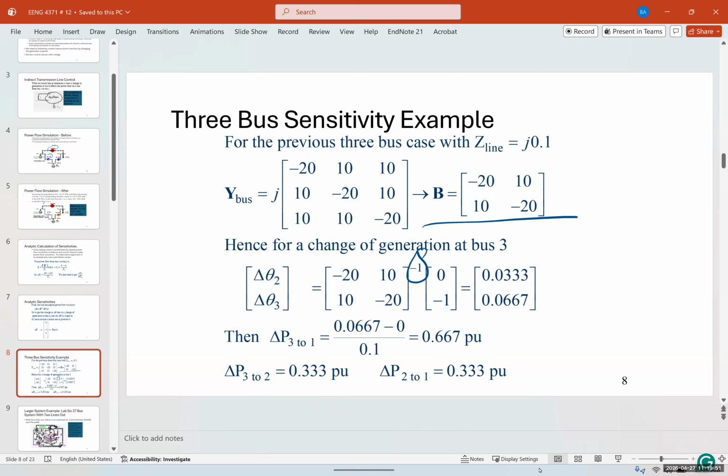So we will invert it, and then we would apply the formula that we have. And when we do this for the 3-bus case that we saw earlier, the sensitivity for line 1, 2 with the generator change at bus 3 comes out to about 32%. And for line 1, 3, it comes out to about 68%.